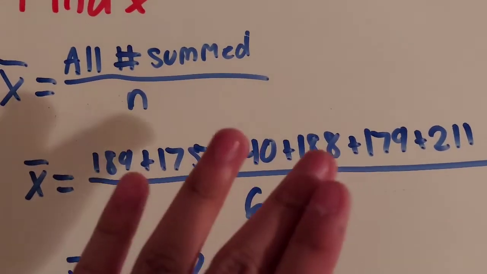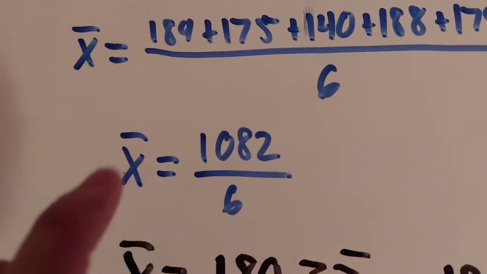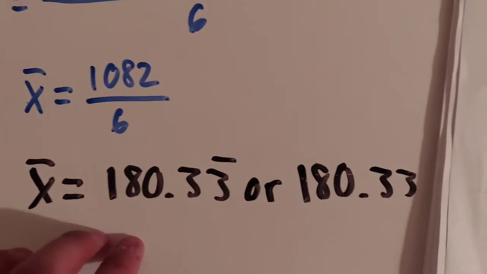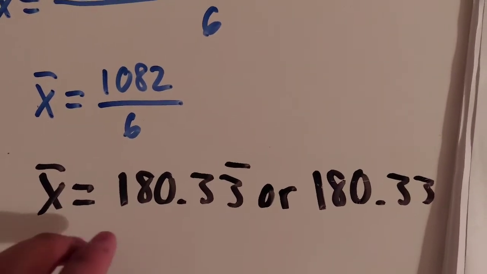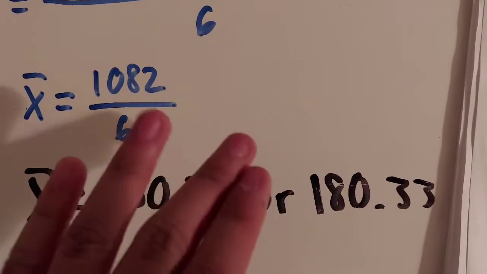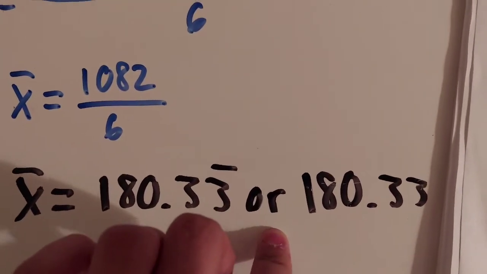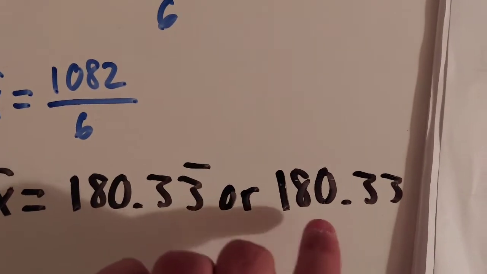With the top numbers all added up together, it's going to be 1082. I want to divide that by 6. It's going to equal the sample mean. It's going to equal 180.333 with the line meaning it goes onwards. Or we can round it, and it's going to be 180.33.